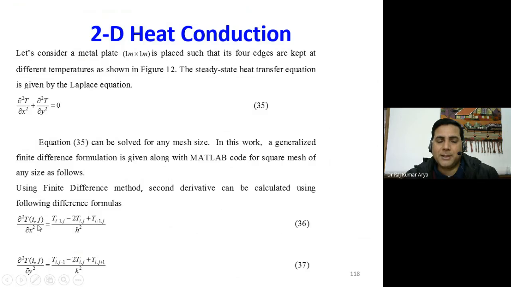In that particular case, you write the second derivative of T i,j with respect to x, where the difference between two consecutive points is h. So you can write this expression at this point till here.